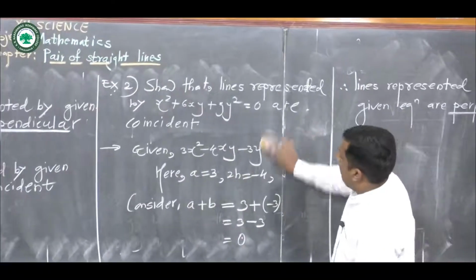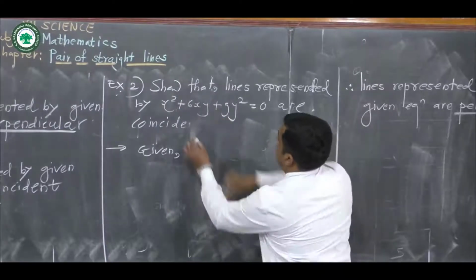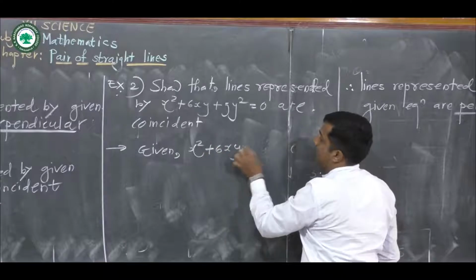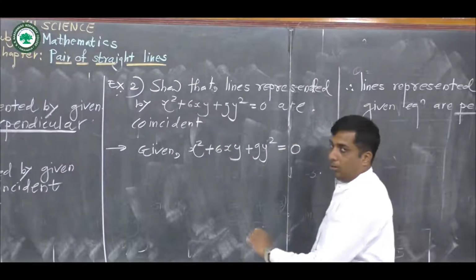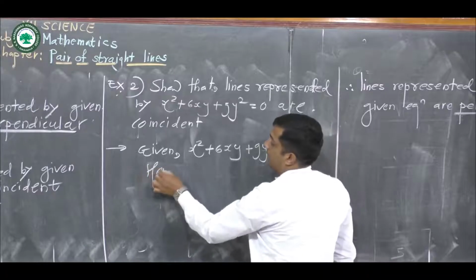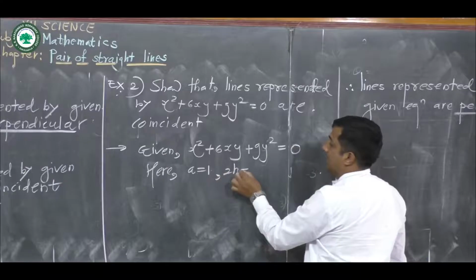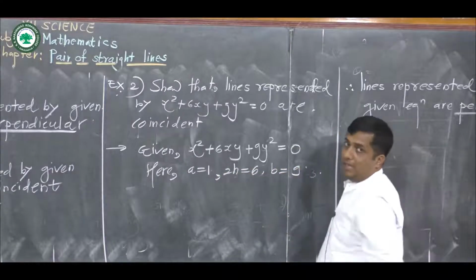Here the given equation is x square plus 6xy plus 9y square is equal to 0. Here we know a is 1, twice h is 6, then b is equal to 9.